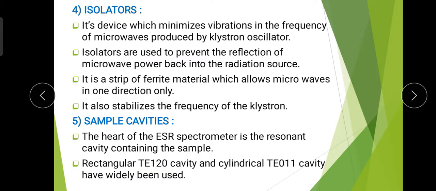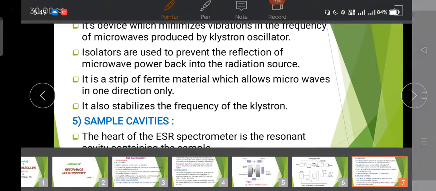Now the next component is the isolator. It's a device which minimizes vibration in the frequency of microwaves produced by the klystron oscillator. Actually the klystron is an oscillator which is used as a source of radiation, and we know that the radiation has a particular frequency, but after generation of the radiation from the klystron there is some vibration in the frequency, and in order to minimize that vibration we can use isolators.